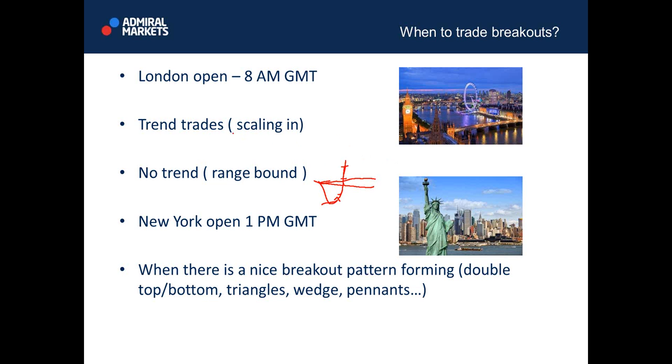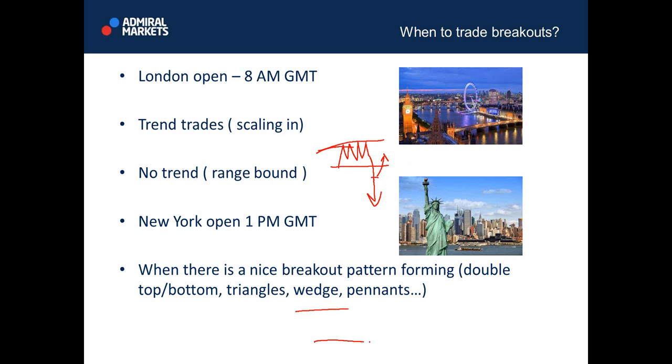Okay, so why scale in? Because you already had your position opened, and this was your second position. So effectively, you use scaling in. When there is no trend, you can try to do breakouts, but very, very limitedly when price is ranging, because you don't know whether the price will continue to give you 15, 20, 30 pips, or it will come to 5 pips and then reverse into a range.